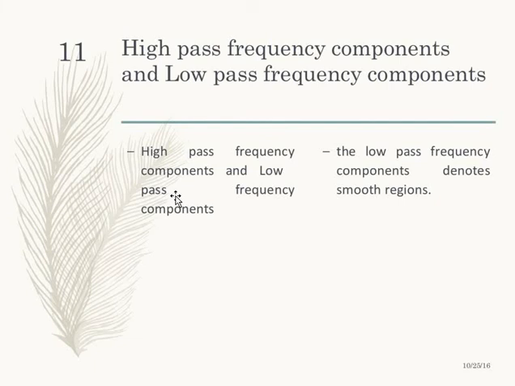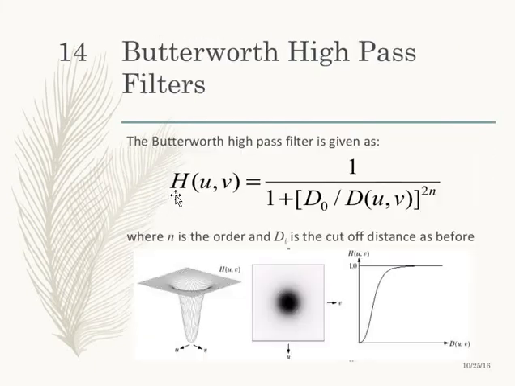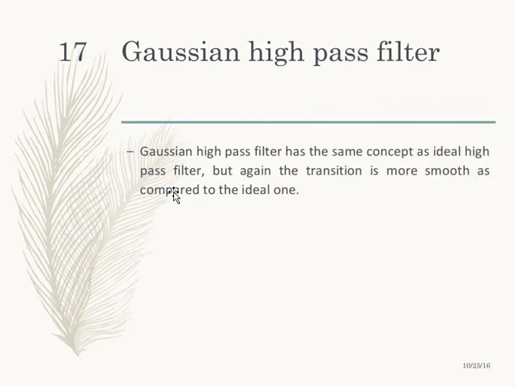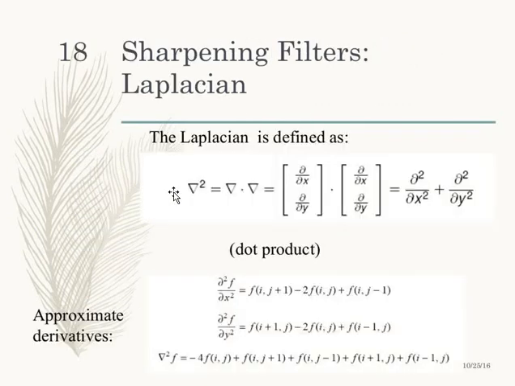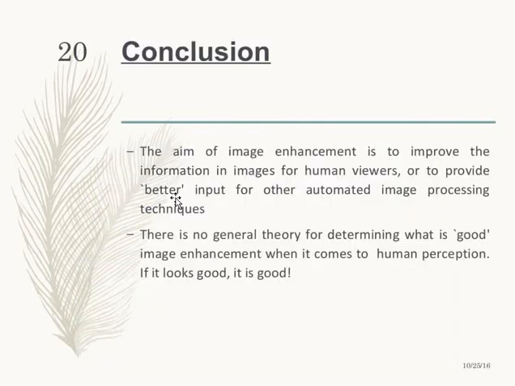We have learned high pass and low pass filters, ideal high pass and low pass filters, and the Gaussian and Butterworth filters. We have also seen another type of image enhancement technique, the Laplacian sharpening, and we have learned that in general the determination of good image enhancement is based on human perception. Thank you.